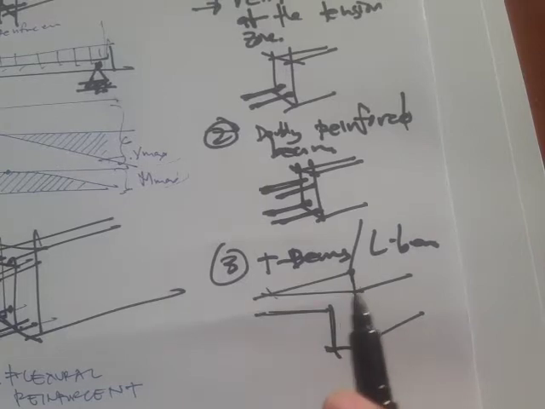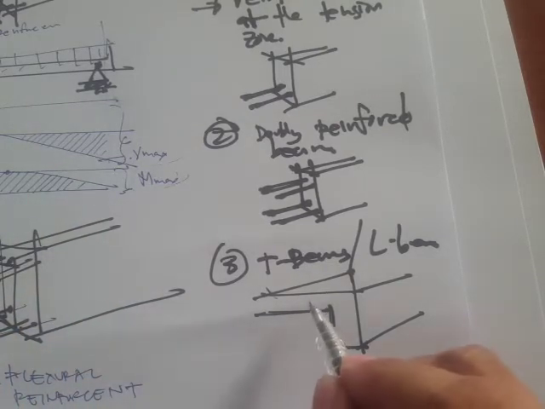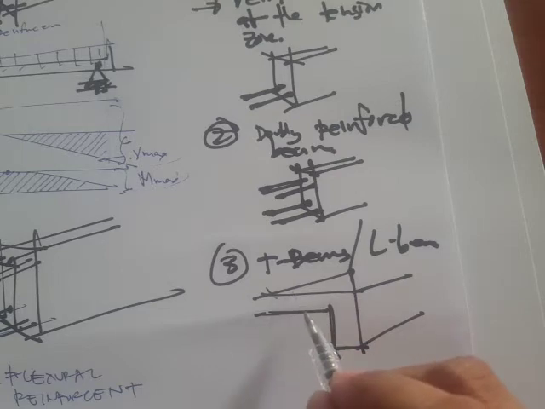Because of that extra bonding between the beams and the slabs, you're going to have some extra capacity from this slab portion.